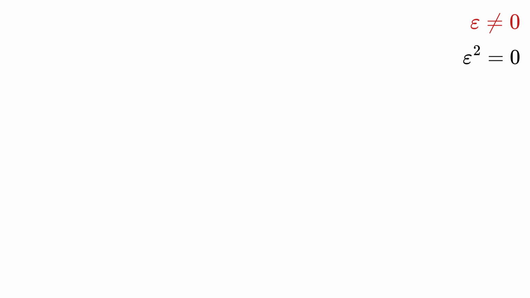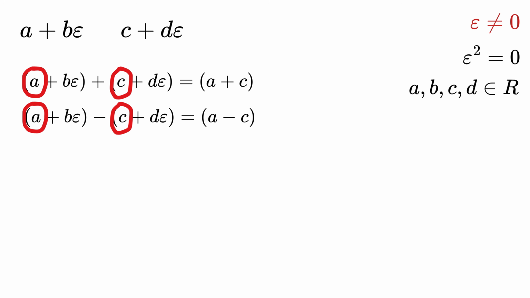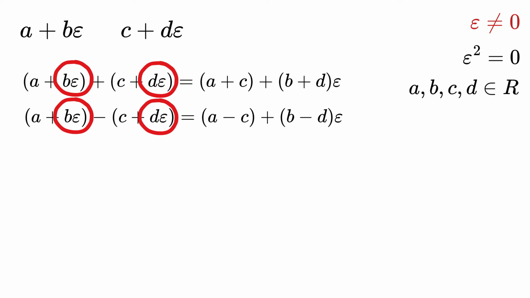Let's say we have two dual numbers. The first is a plus b times epsilon, and the second is c plus d times epsilon, where a, b, c, and d are real numbers. Similar to the case of complex numbers, for adding or subtracting two dual numbers, we simply add or subtract the corresponding parts, the real parts a and c, and the epsilon parts b and d.